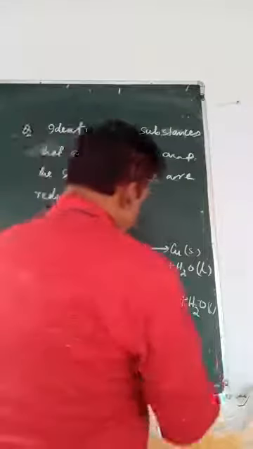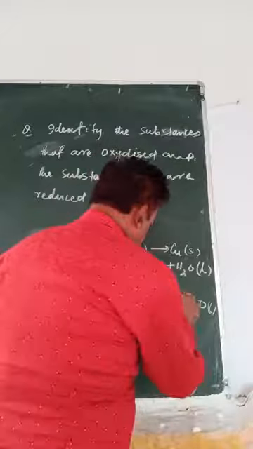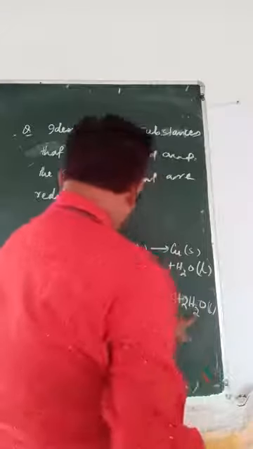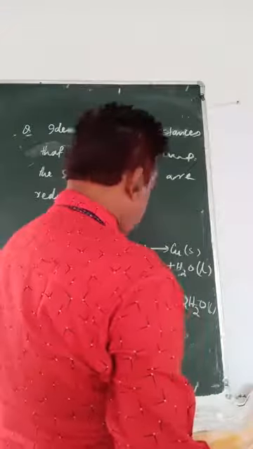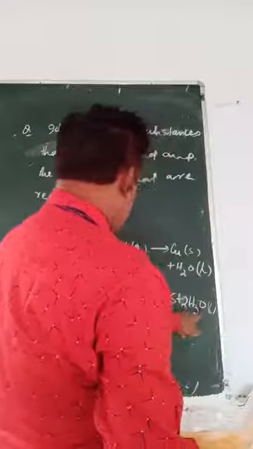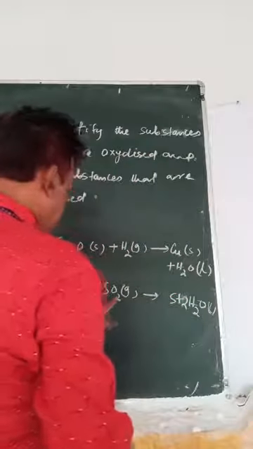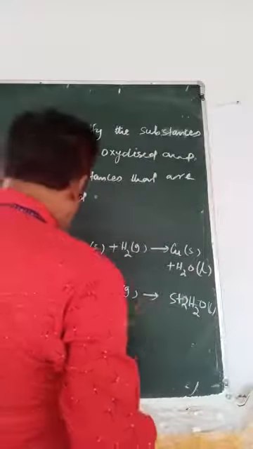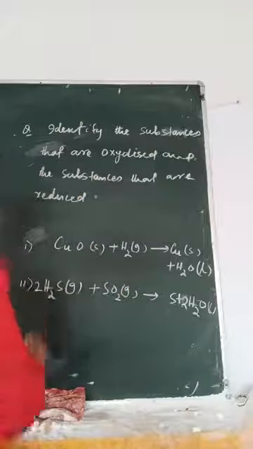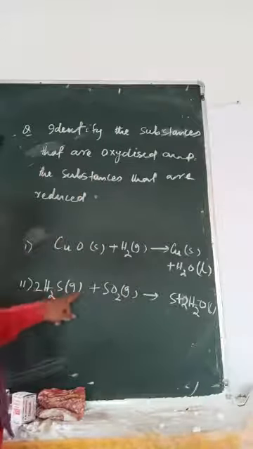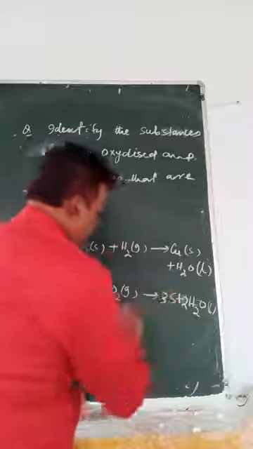If I multiply 2 here, so 4 hydrogen, so 4 hydrogen means 2 oxygen. So here is 2 oxygen. But hydrogen is 2, I have to multiply 2. 2 sulfur, then 1 sulfur. So it has to be 3 sulfur.